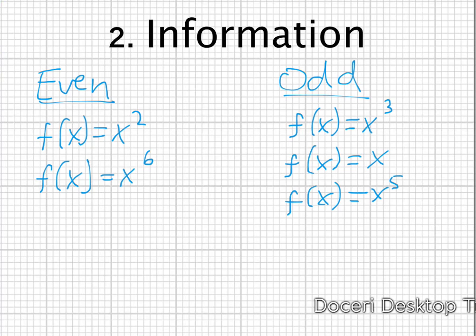These are all polynomials of odd degree. Another one we can do for even is f of x equal to x to the 4th. Now you'll notice if you graph these, the even functions touch the x-axis an even amount of times, and the odd will touch an odd amount of times.